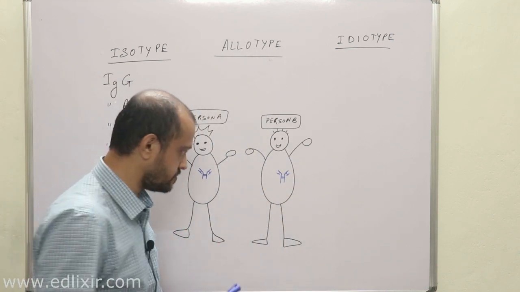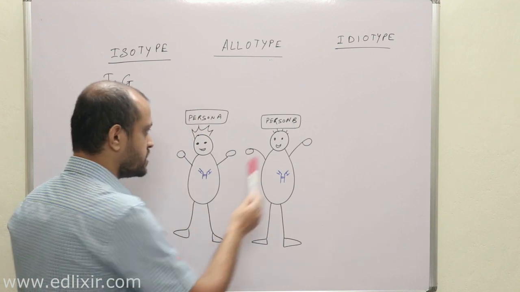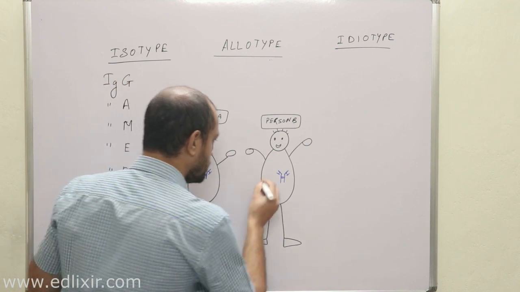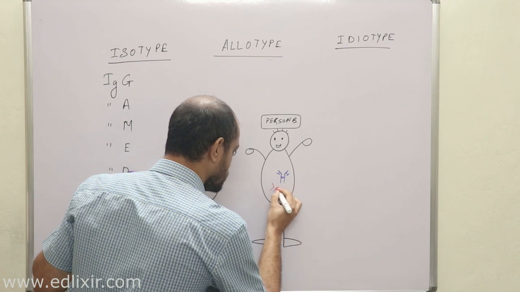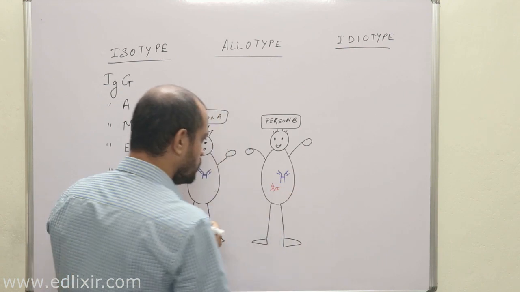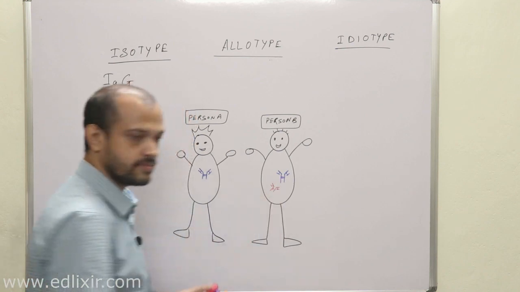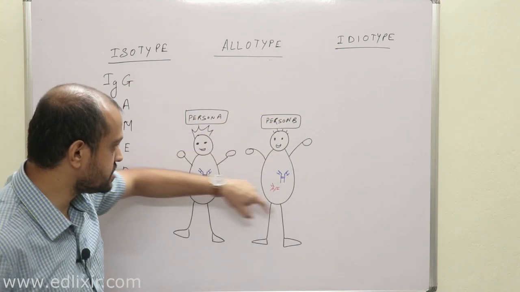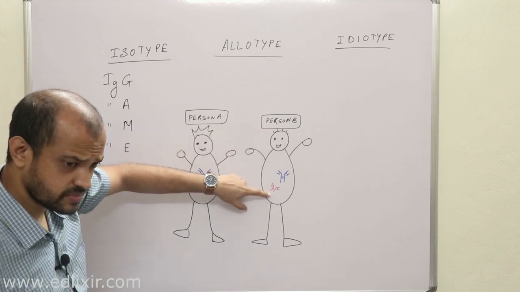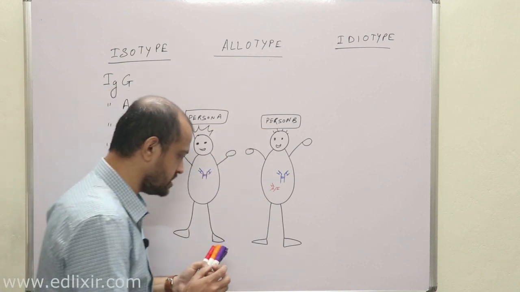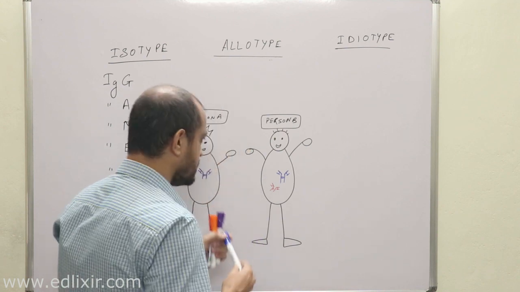This person's body will now react and produce antibodies. Now my question is, where will this antibody bind? Suppose this person B is producing a red colored antibody. Where will this red colored antibody bind?